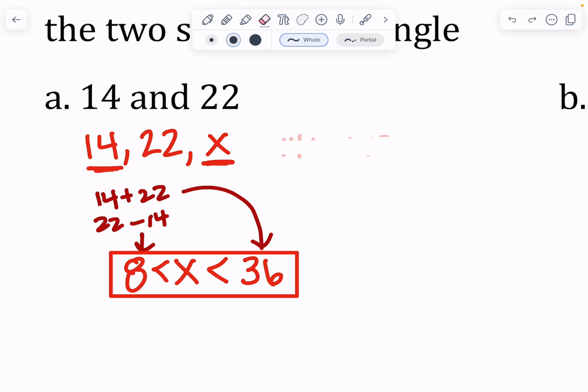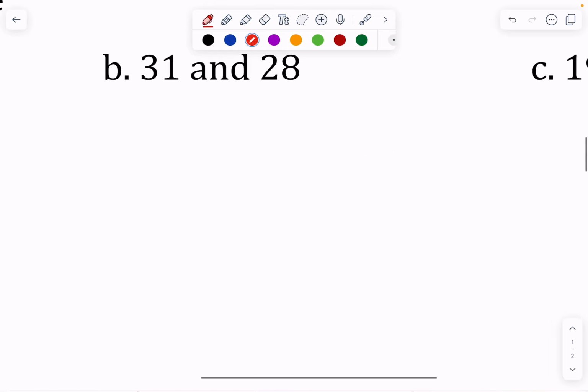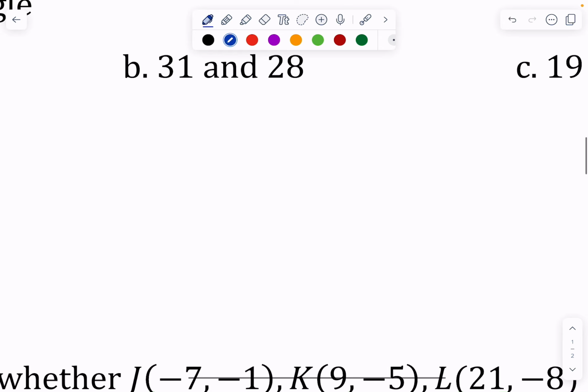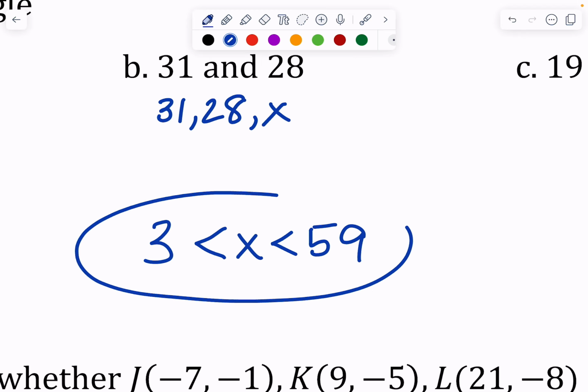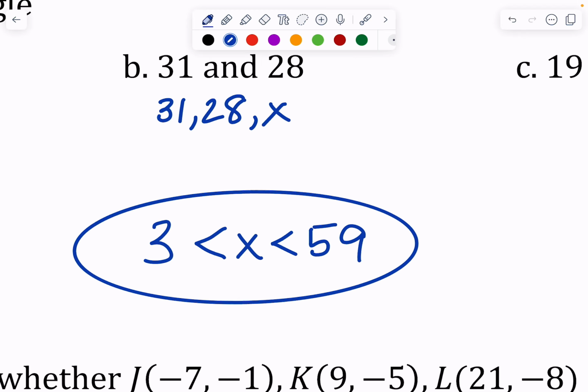Okay, so let's look at this one here. If I have side lengths of 31, 28, and x, then x needs to be bigger than 31 plus 28. Excuse me, it needs to be smaller than 31 plus 28. x needs to be bigger than 31 minus 28. Okay.